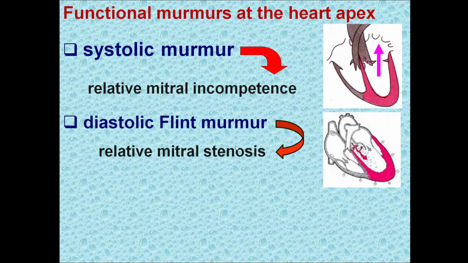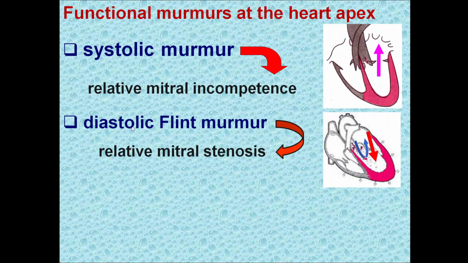We are talking about relative mitral stenosis because there is no problem with the valve and orifice. They are artificially narrowed due to rising of the mitral valve by action of the come-back blood flow. And blood goes into the left ventricle with turbulence movement, which is called the diastolic murmur.